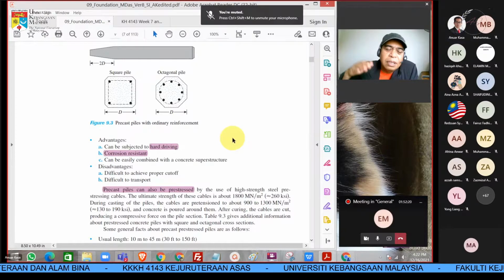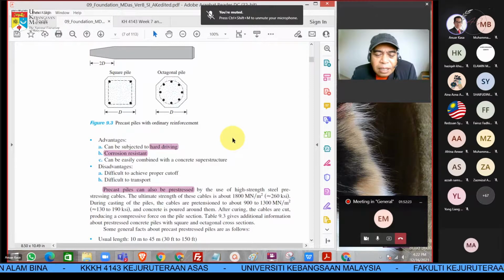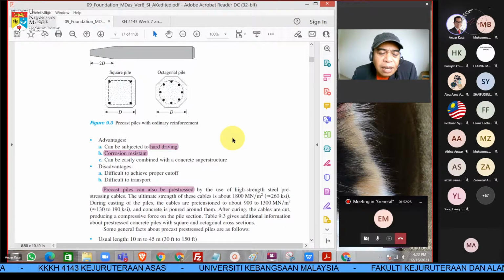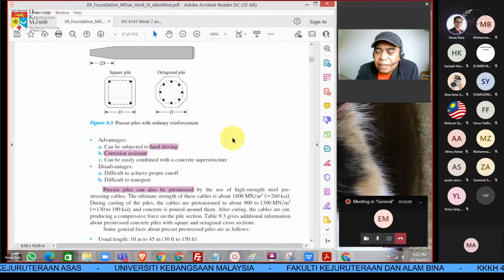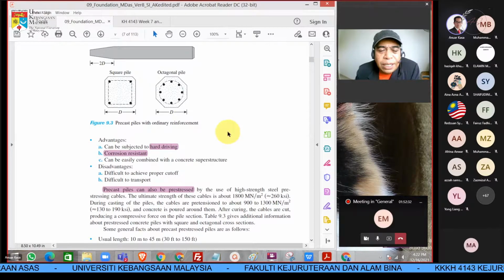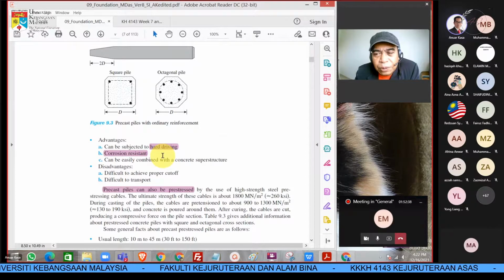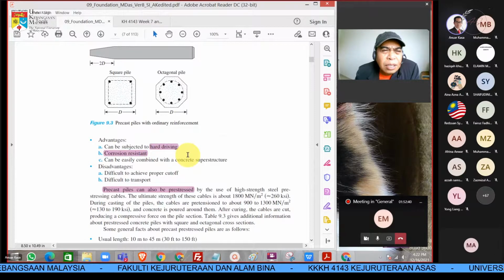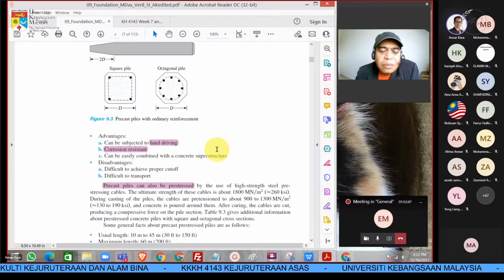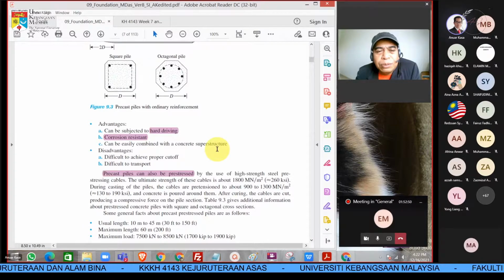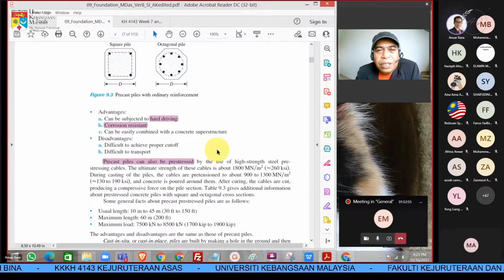When we drive the pile, we can really hit the pile, because concrete can sustain compaction very well, and is also resistant to corrosion. We can put it in clayey soil, but it is difficult for us to cut, to trim and so on, to extend, and also difficult to transport because it's heavy.